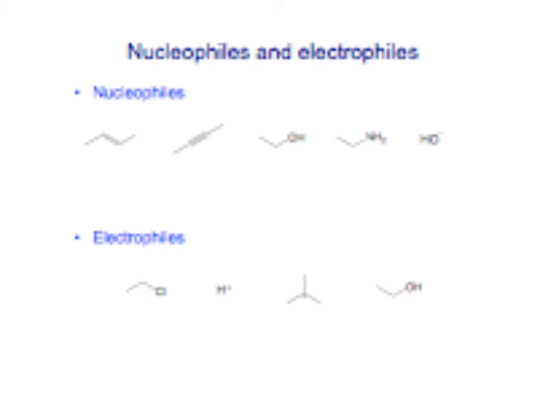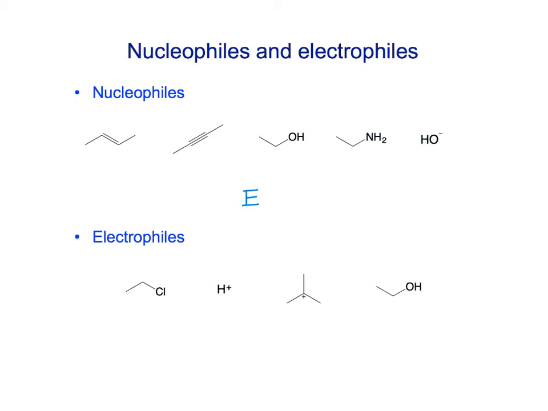So like I said, we can either have pi bonds or heteroatoms. Heteroatoms are any atoms other than carbon or hydrogen that have non-bonding electrons. So we could have, let's say, a generic species. This is an electrophile, and each of those nucleophiles can react with this electrophile.